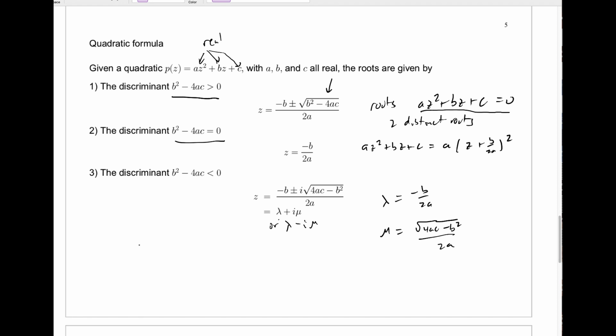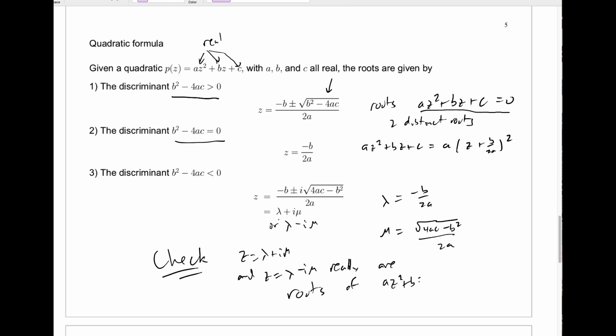What I'd like you guys to do is to check that these two, z equals lambda plus i mu and z equals lambda minus i mu, really are roots of the quadratic az squared plus bz plus c equals 0, in that case when b squared minus 4ac is negative.